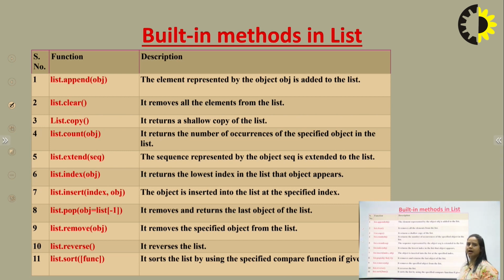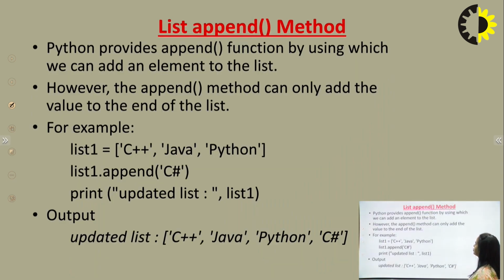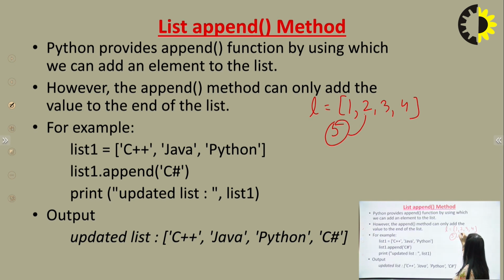Some built-in methods are in the list like append, clear, copy, count, extend, index, insert, pop. Let's see them one by one. First of all, I want to see the append method. For example, I have a list having the values 1, 2, 3, 4. Now, I have got a new value that is 5. And I want to add this into our previously existing list.